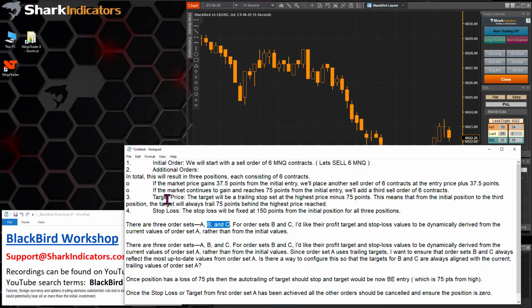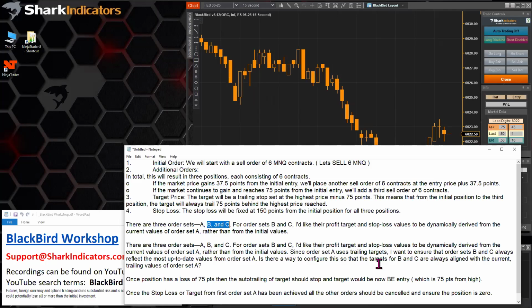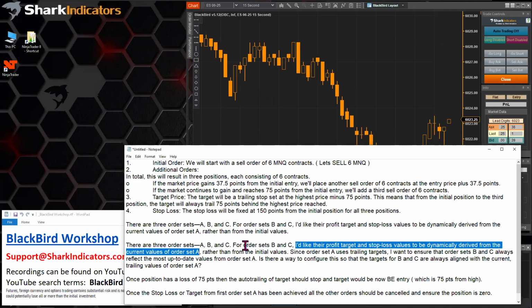So here we go. If order sets B and C, our scaling contracts, get filled, we want to make sure that those profit targets all line up there.